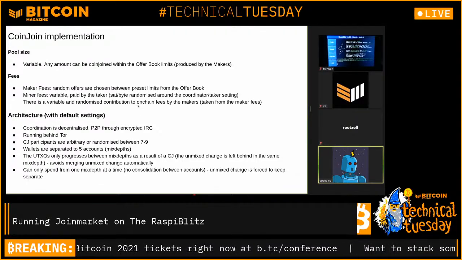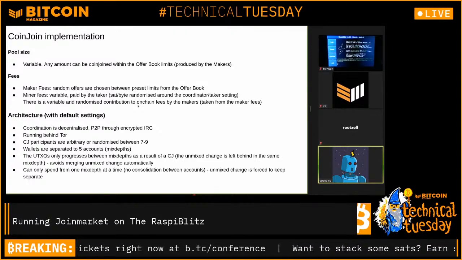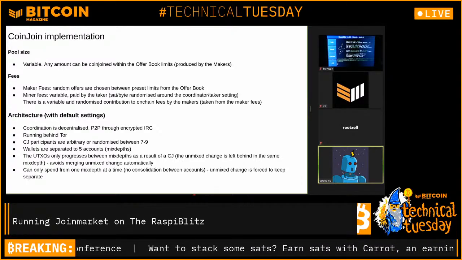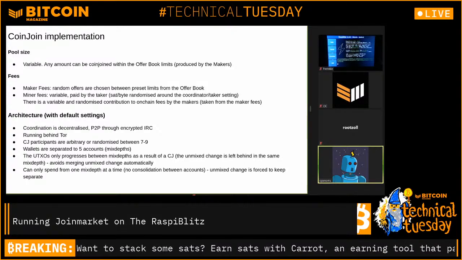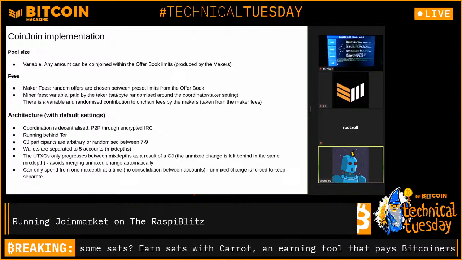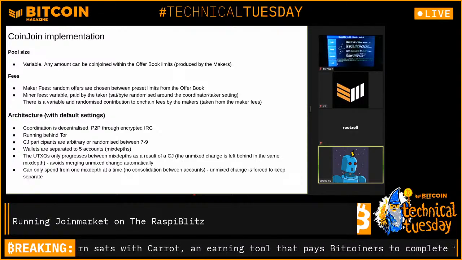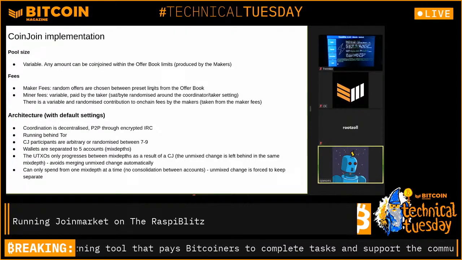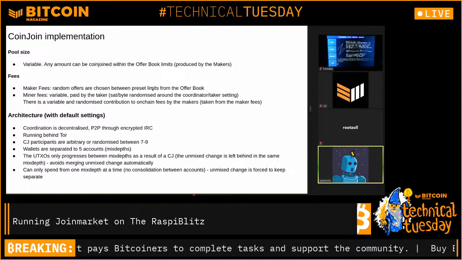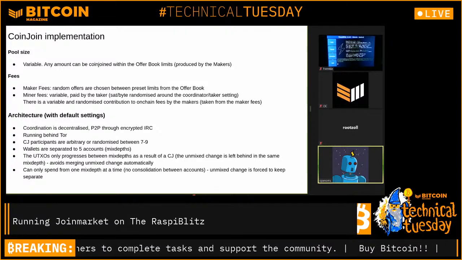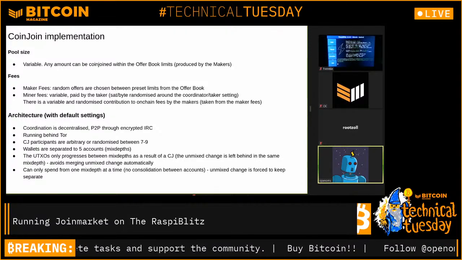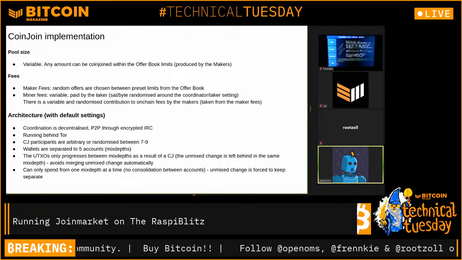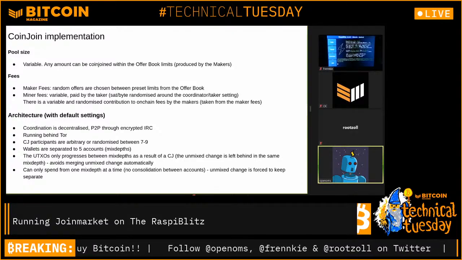So everything is paid by the taker, who is coordinating and collating the transaction, but the makers can choose to put the fees which they earn towards the on-chain fees. This is again making it more difficult to see who is playing which role and which input is connected to which output possibly.